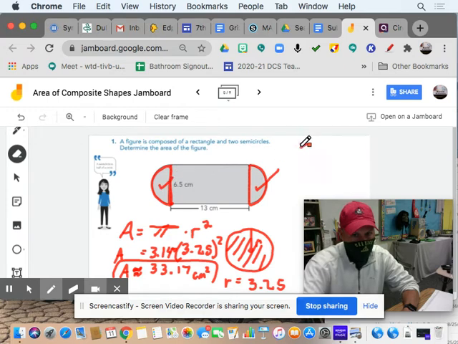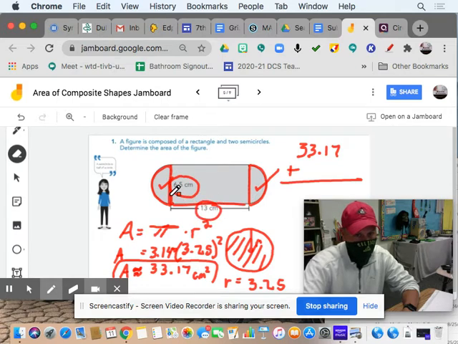So we're going to need to take our 33.17, and we have to add this rectangular space in here. Whatever 6.5 is times 13, that's how we find the space for this rectangle. We're going to add that right in here.